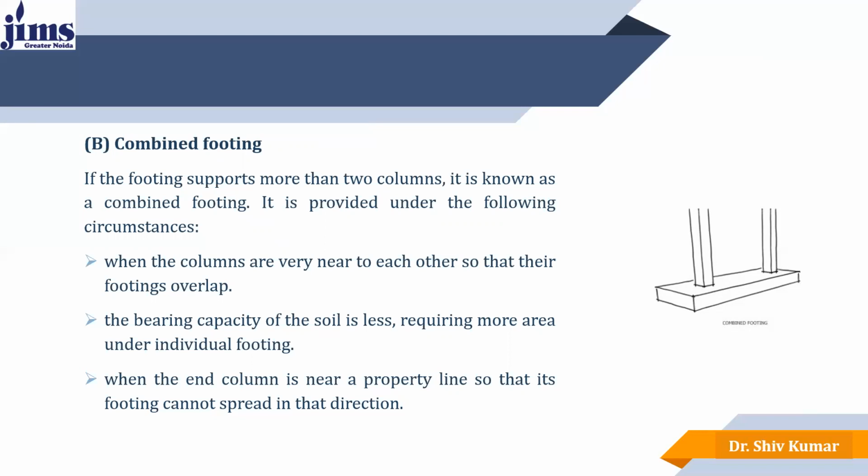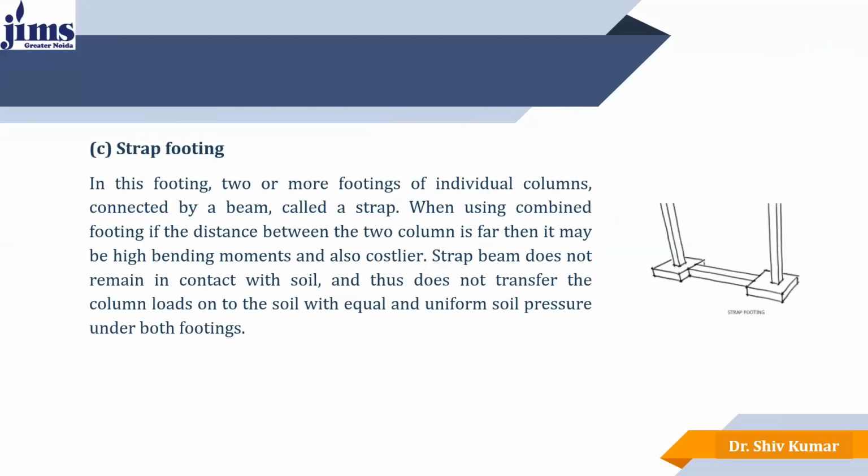In all those situations, we provide the combined footing. So the footing is extended, and as shown in that figure, a single footing is provided for 2 columns. It may be provided for 2 or more columns if required.